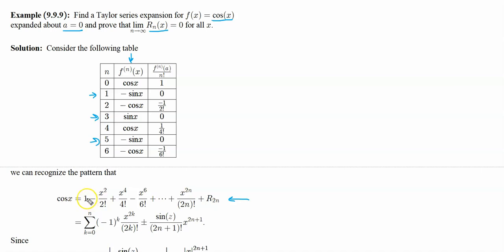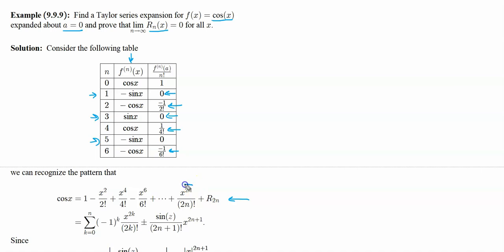So notice that we go 1 minus x squared over 2 factorial. 1 over 2 factorial is coming from right here, plus x to the 4th over 4 factorial. That's coming from right here. Notice that we didn't have any x cubed term or x term because the coefficients that go along with those were 0. Minus x to the 6th over 6 factorial. That is coming right from here, and so on.